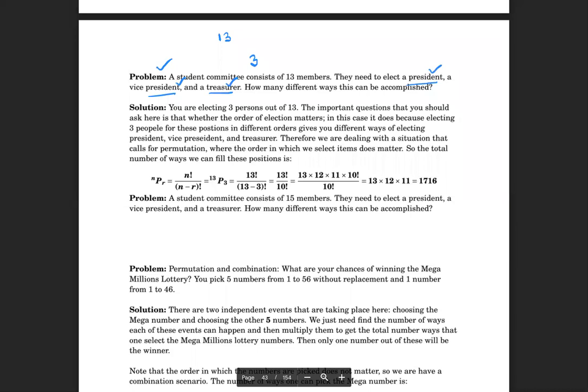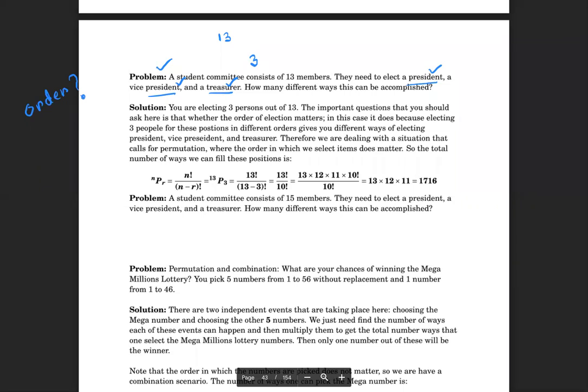Now, here is the interesting part. Before you do the problem, you should be asking, I'm selecting 3 people out of 13. Does order matter or doesn't it matter? What do you think?